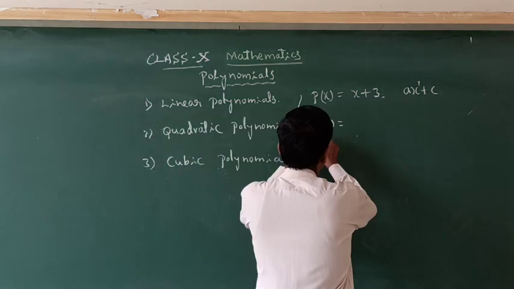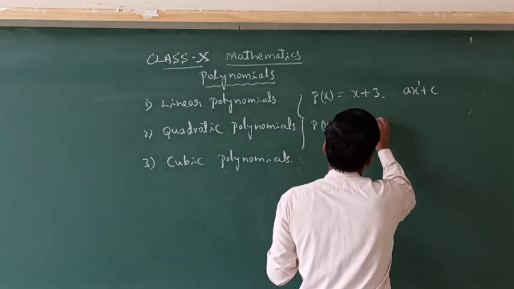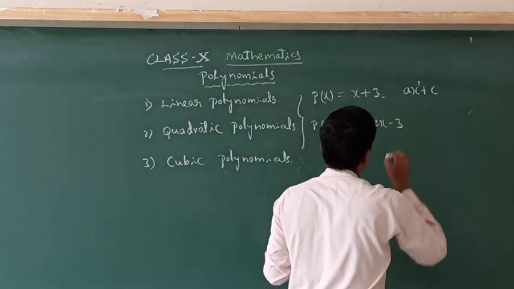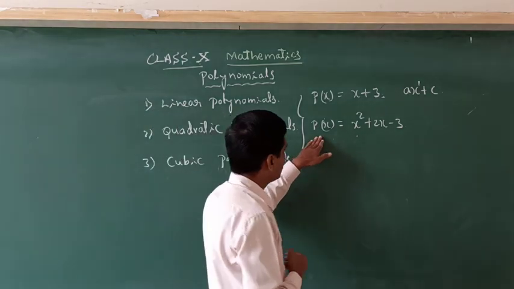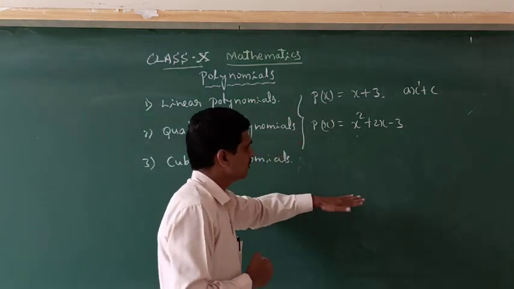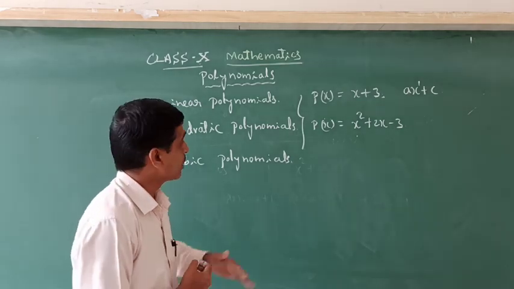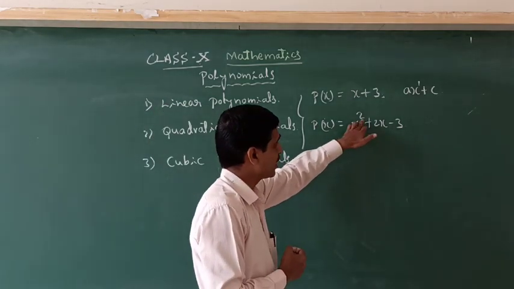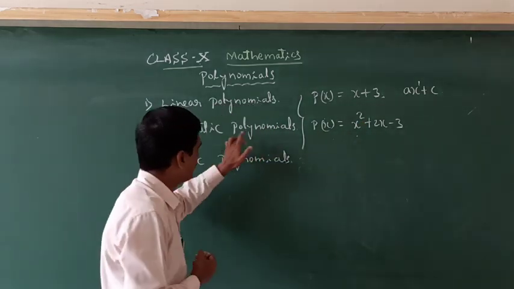Let us assume it is a polynomial in the variable x, for example x square plus 2x minus 3. Not only this, we can express many different kinds of polynomials, but their greatest power should be 2. That is why they are quadratic polynomials.